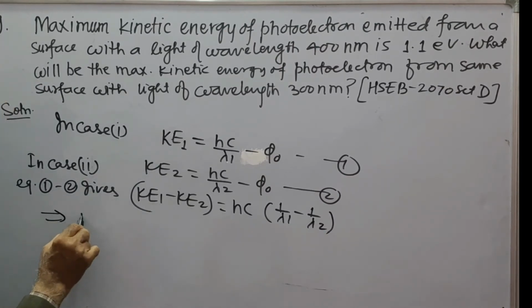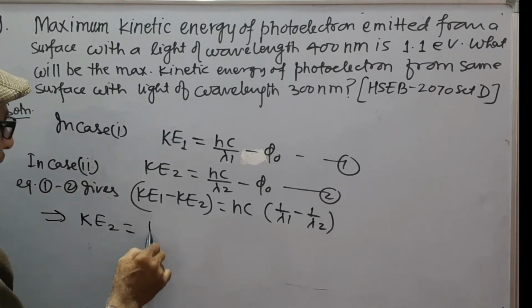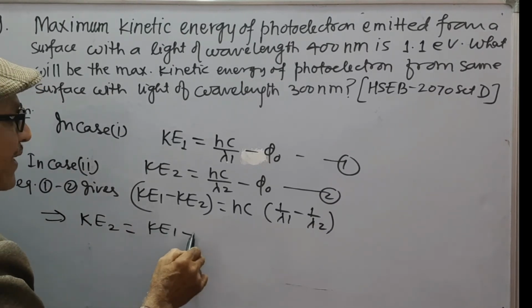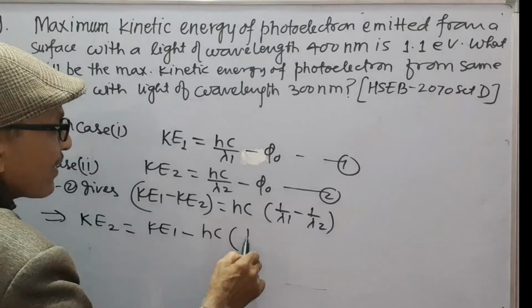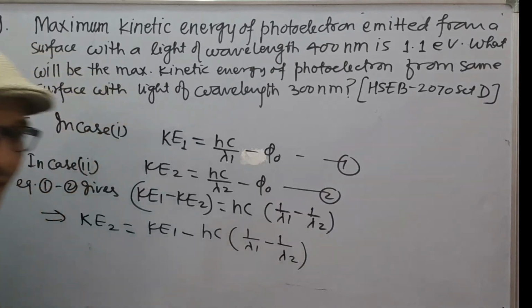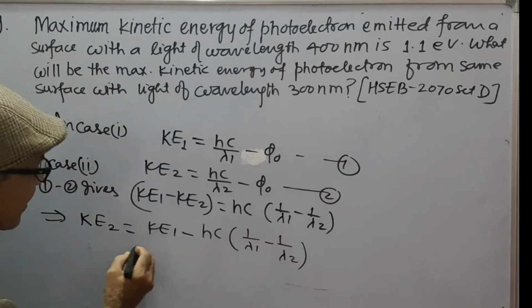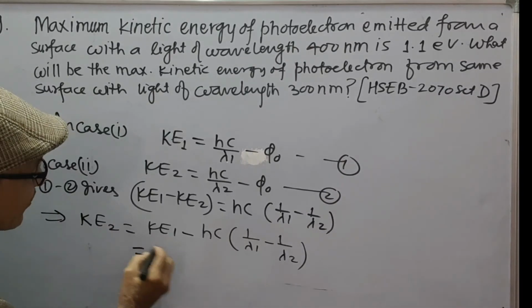We can get K2 is equal to K1 minus hc times 1 upon lambda 1 minus 1 upon lambda 2. Now putting in the corresponding values.